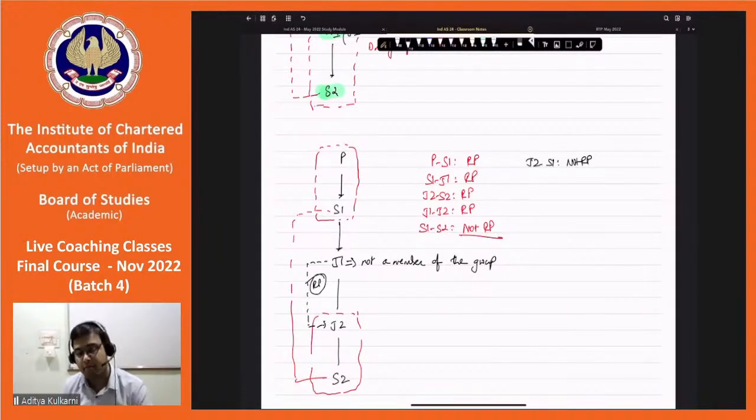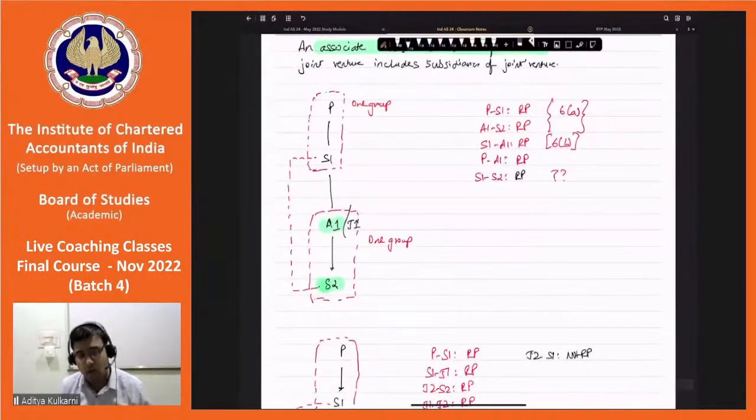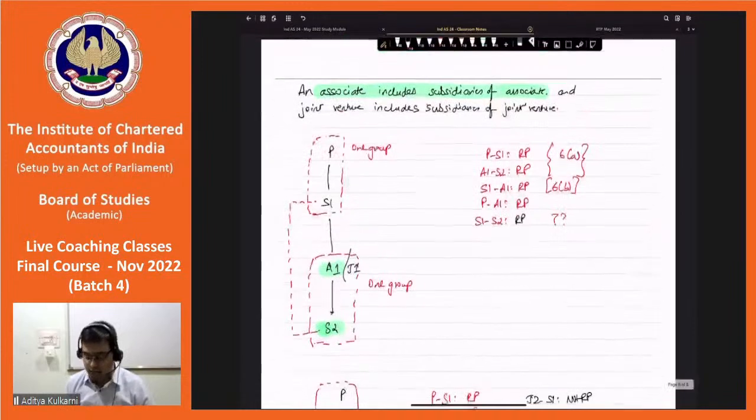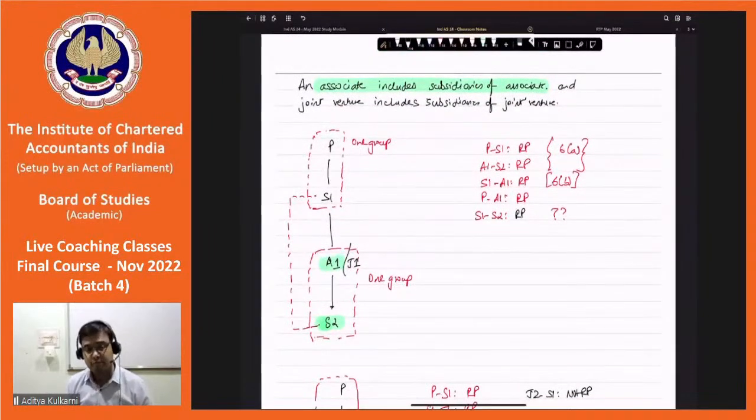J1 is not a member of the P group, and therefore between S1 and S2 there is no related party relationship. But in this case, A1 or J1 is an associate or a joint venture of S1, which is a member of the group, and therefore in the above interpretation, associate includes subsidiaries, that is S2, and therefore S1 and S2 are related to each other.